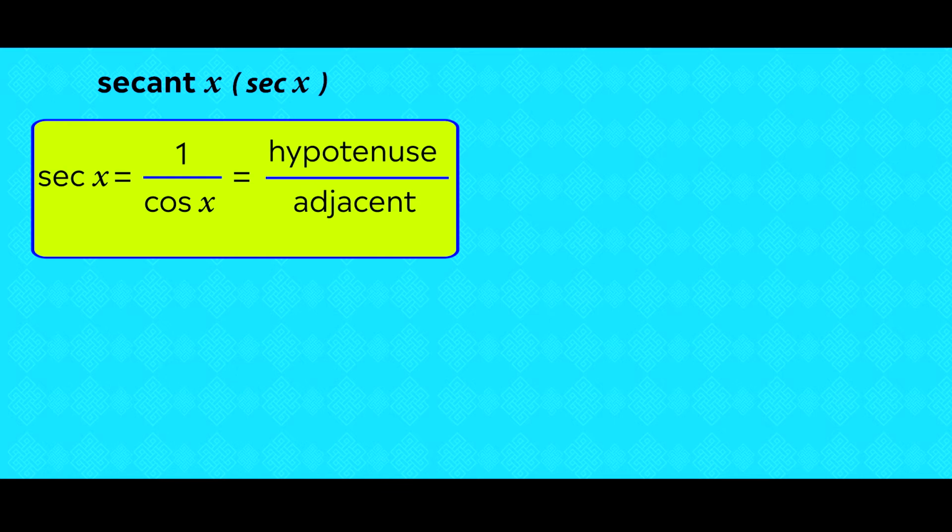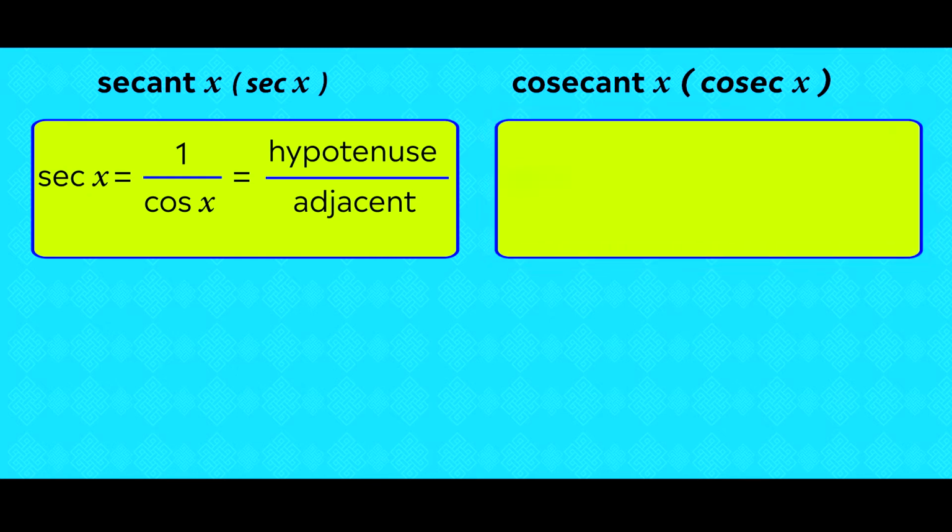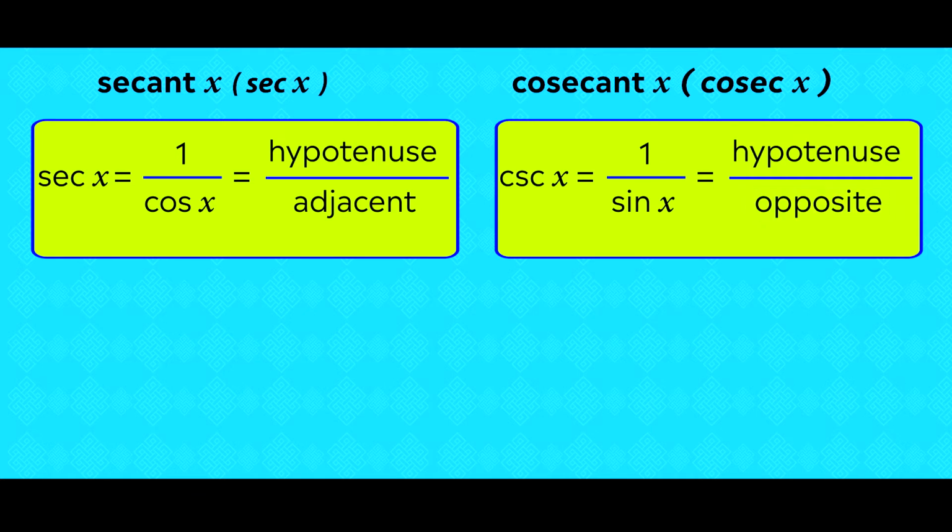The fifth trigonometric ratio is called cosecant of x, or cosec x, and the formula to calculate cosec x is the reciprocal of sin x. And in terms of side lengths of the right triangle, cosec x is hypotenuse divided by opposite.